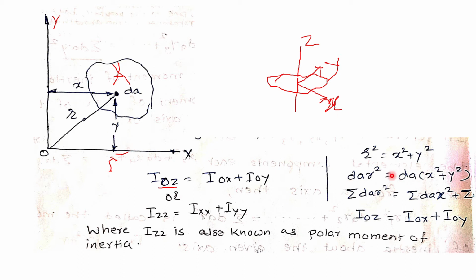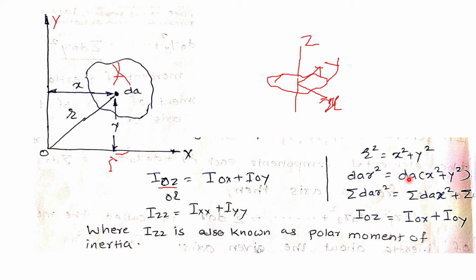And by taking the derivative from both the sides, and for the complete lamina, doing the summation of each particle, what we get here is summation dA r square is equal to sigma dA x square plus sigma dA y square.